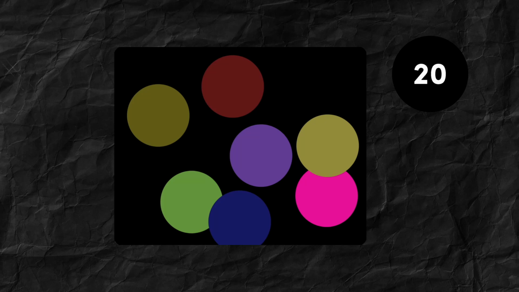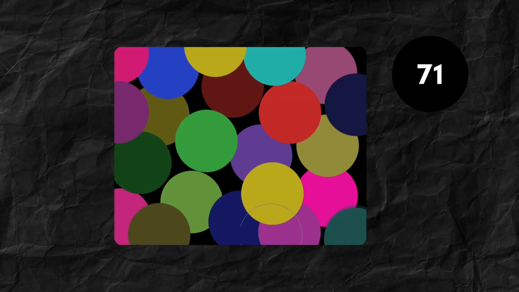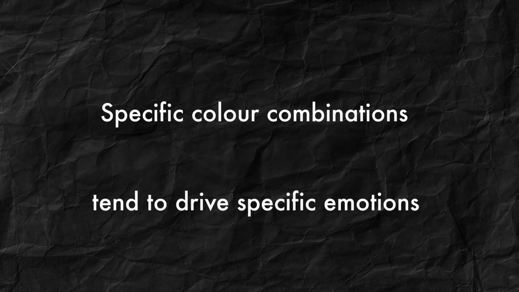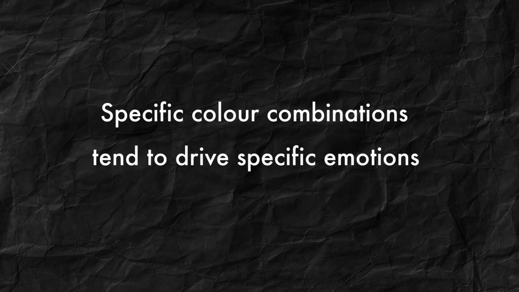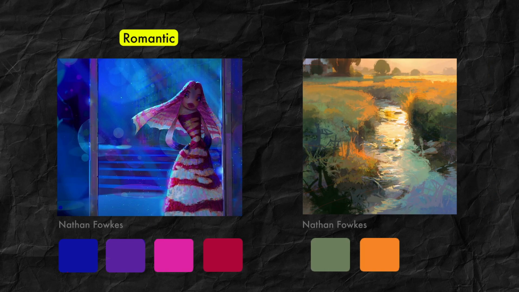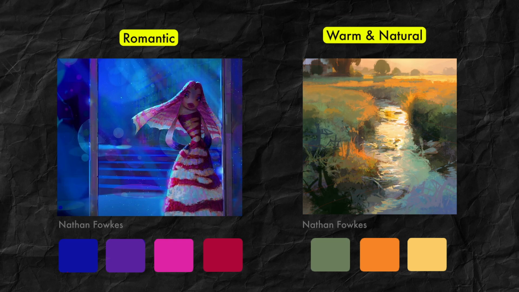But it's not just the number of different local colors that matters. It's important to look at the hues as well. Specific color combinations tend to drive specific emotions. Saturated purples, reds, and pinks feel romantic. Greens, oranges, and yellows seem warm and natural.